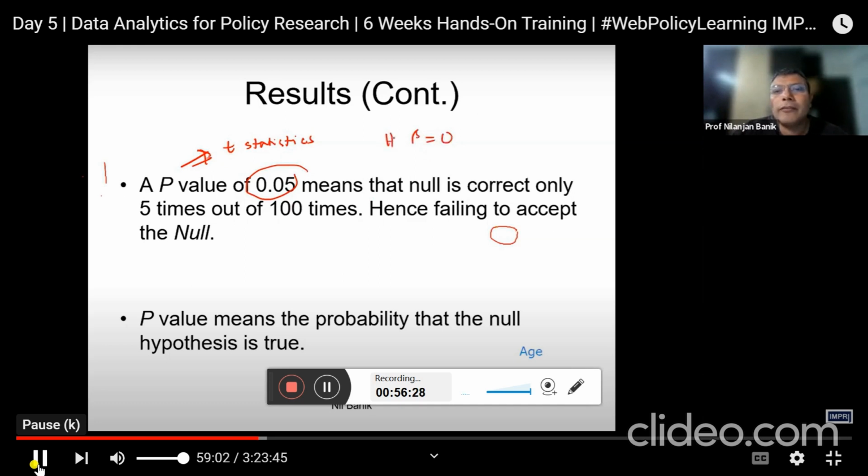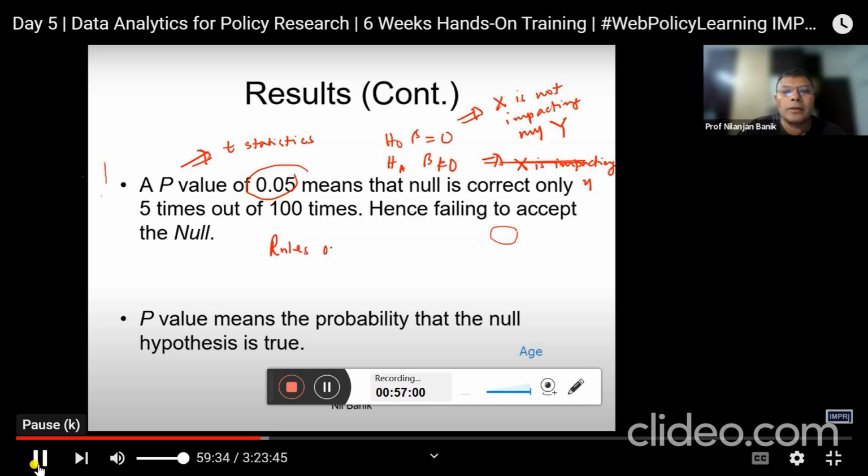And if beta is equal to 0, it is telling me x is not impacting my y. On the other hand, if beta is not equal to 0, it implies x is impacting y.